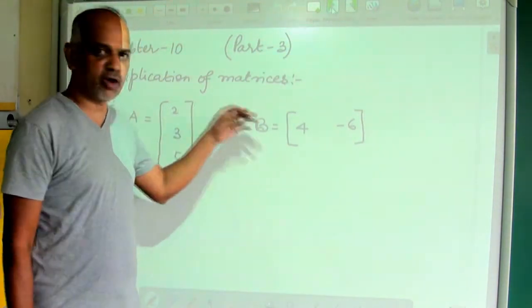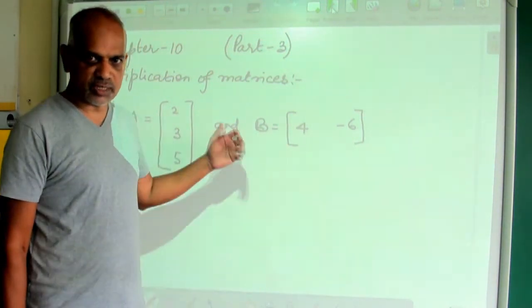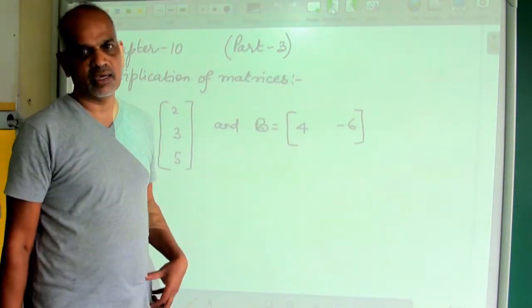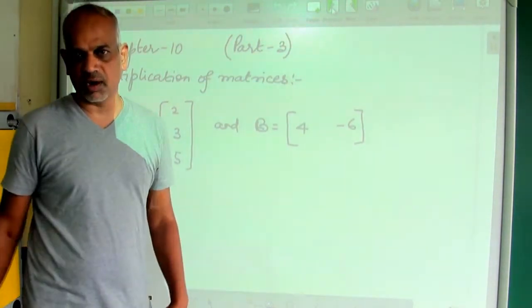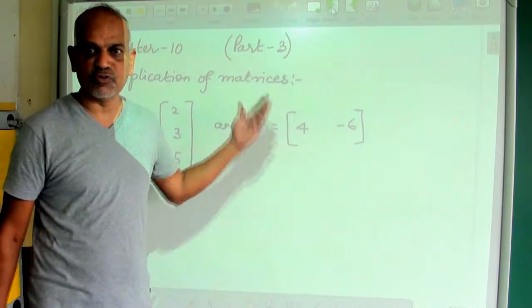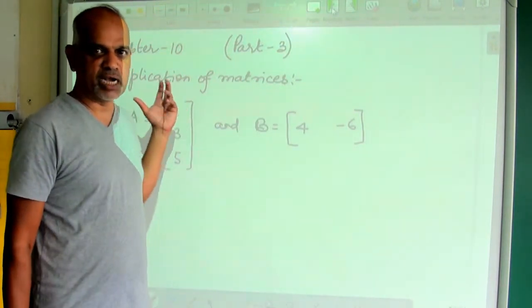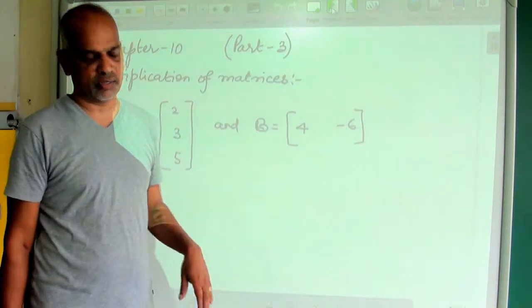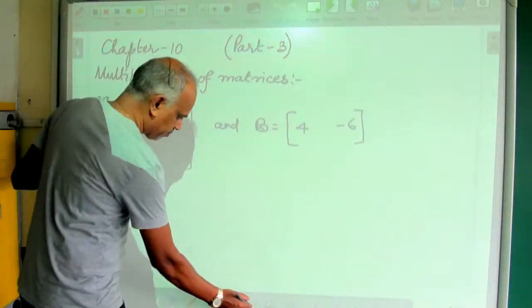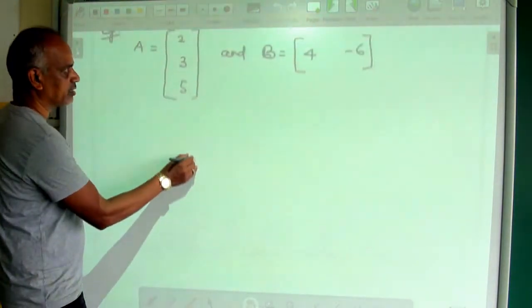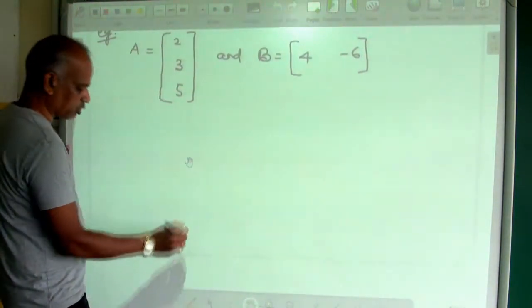Once you know the order, using the orders you will have to find whether multiplication is possible or not. So let's first check whether you can multiply these two matrices or not.